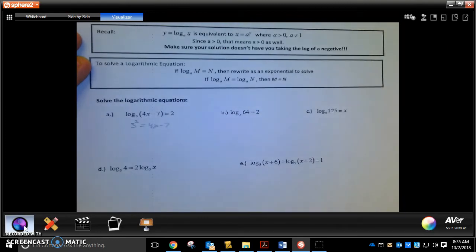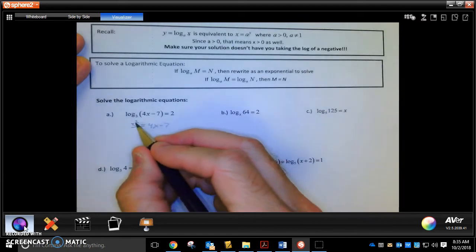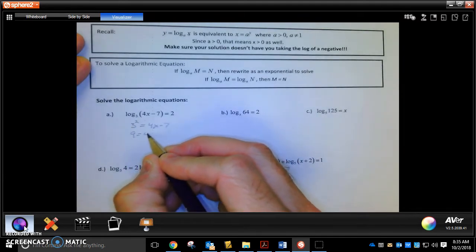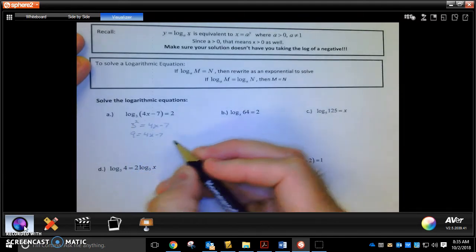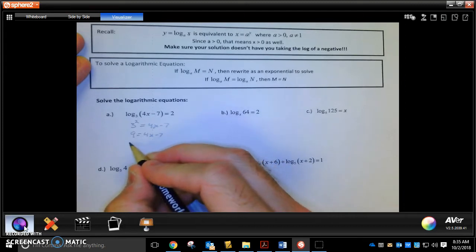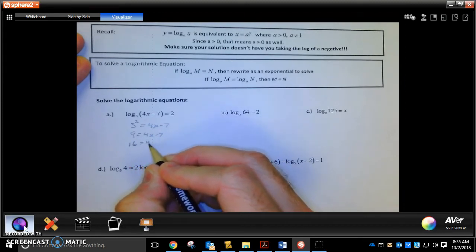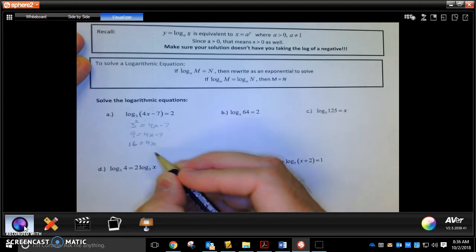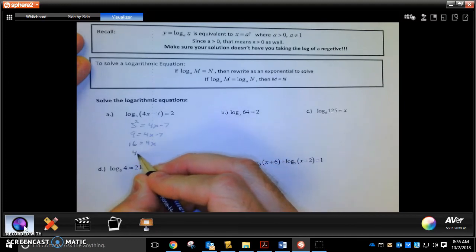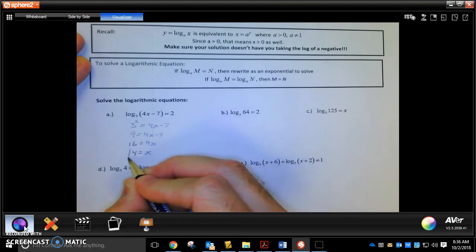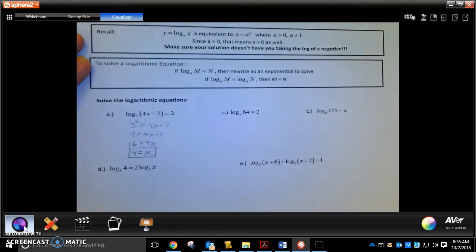That's it. That is now an algebra problem to solve. 3 squared is 9. We're going to add 7 to both sides. And then divide by 4. And that's our answer. X equals 4.